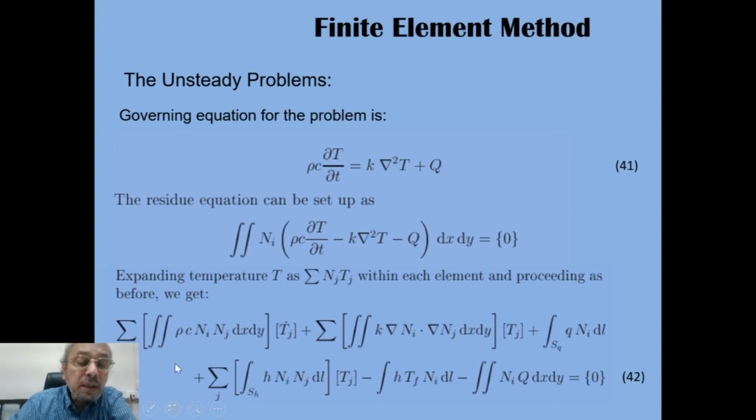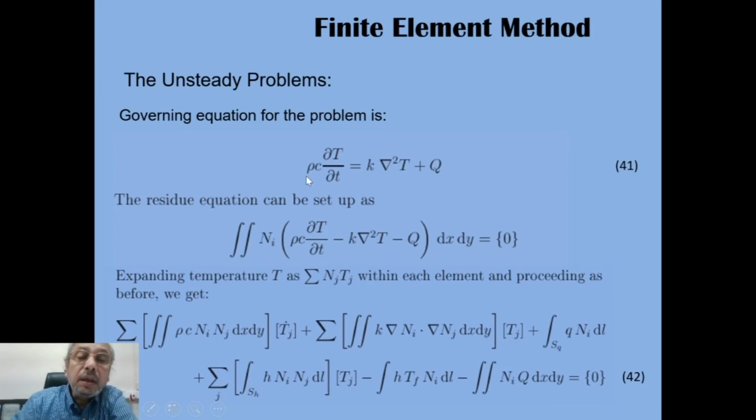So we are using the mass lumping concept here, lumping this and multiplying it with T1, T2, T3, but their derivatives, because this quantity is now a time derivative: del T1 del time, del T2 del time, del T3 del time.